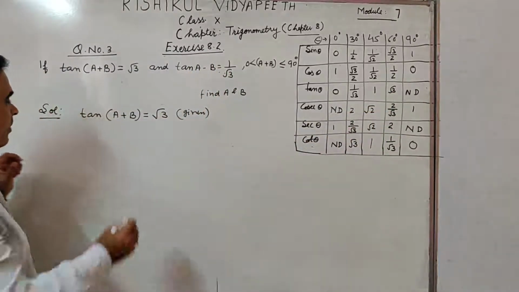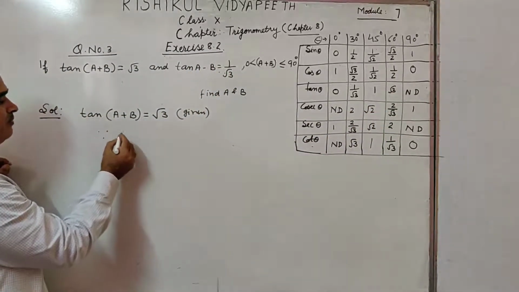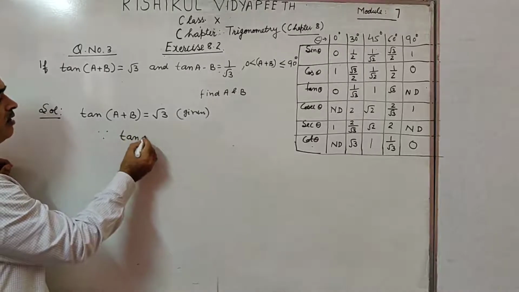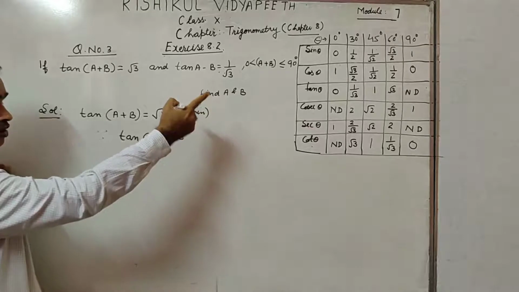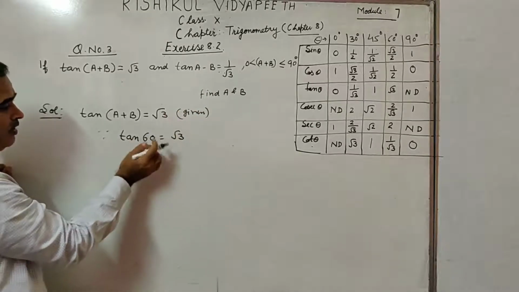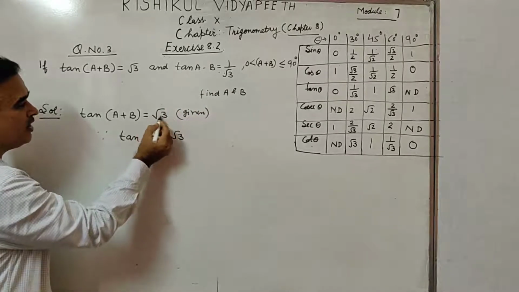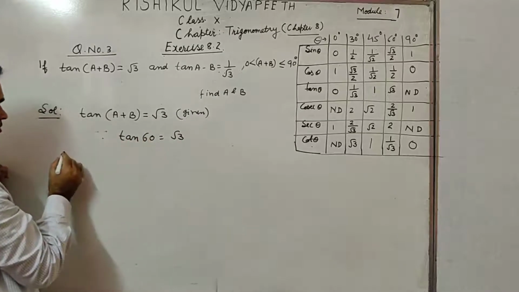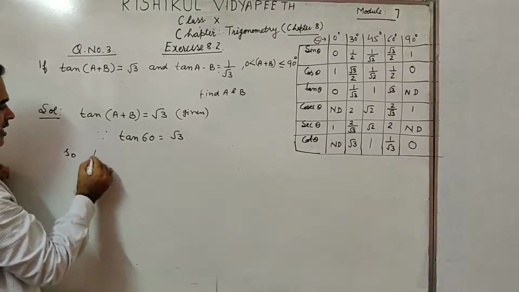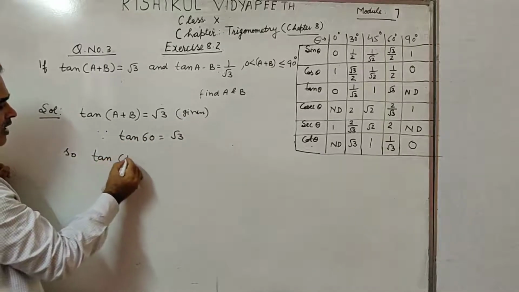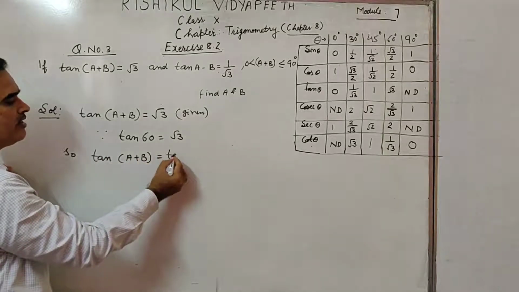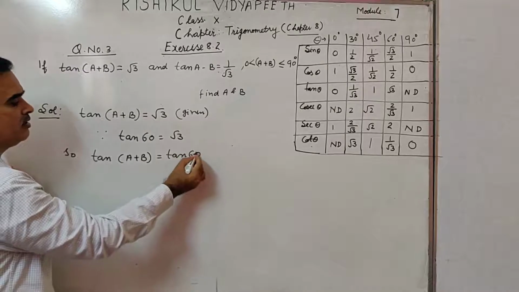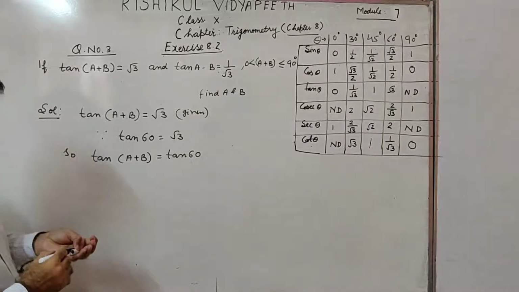It means tan 60 equal to root 3 according to the table. So in place of root 3 we can write tan 60. So tan(a plus b) equal to tan 60.